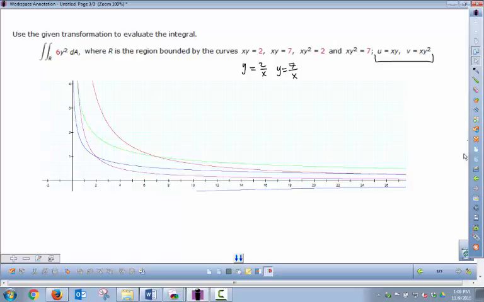Now, the tricky part is that this is what's happening in the xy space.